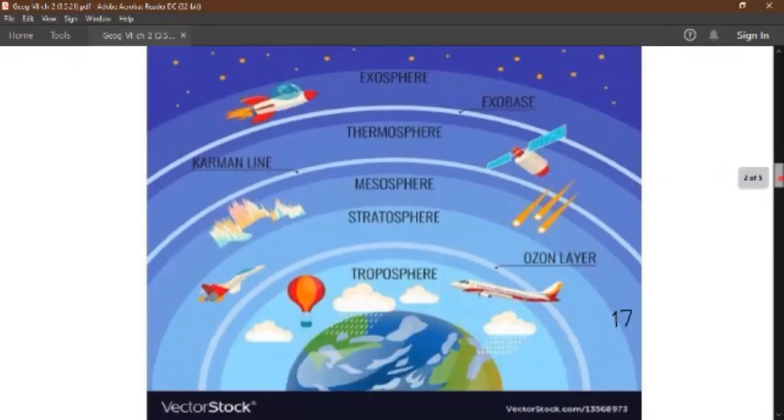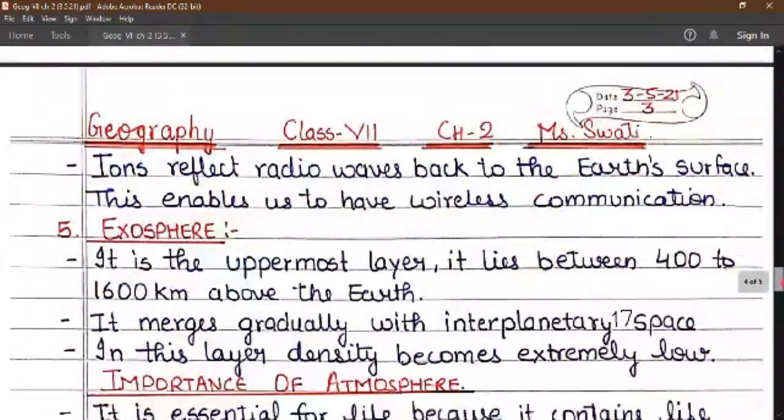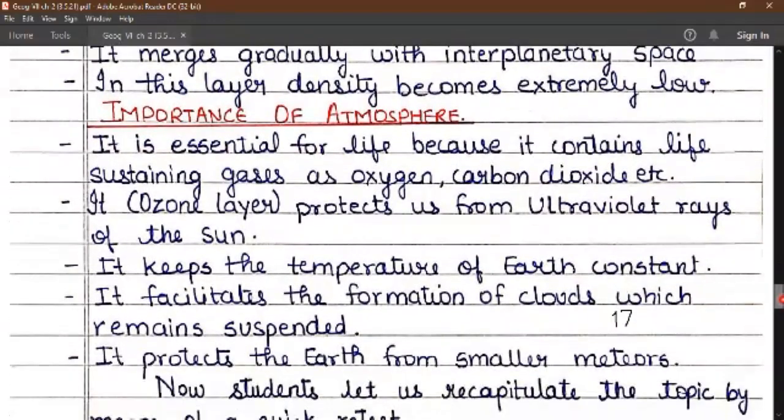Now children, let us discuss the importance of atmosphere. Atmosphere is essential for life because it contains life-sustaining gases such as oxygen, carbon dioxide, etc. Within the atmosphere, there is the presence of ozone layer, which protects us from ultraviolet rays of the sun, which may cause skin cancer-like diseases.